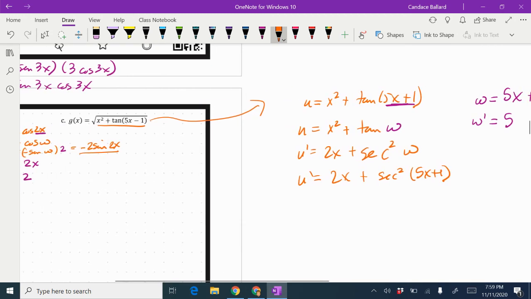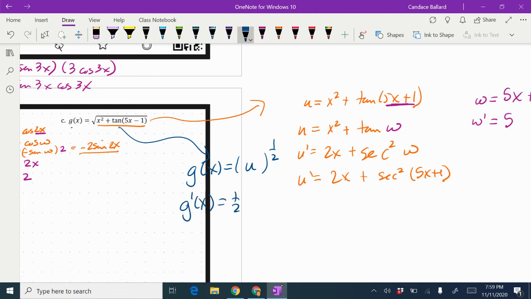Now we're going to go back to our original here, and I'm going to rewrite the original, which would be g of x equals, I'm going to write it as u to the 1/2 power instead of the square root.